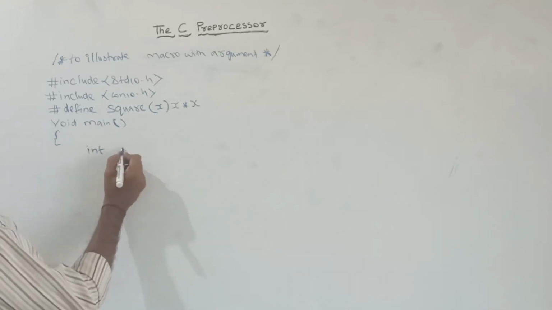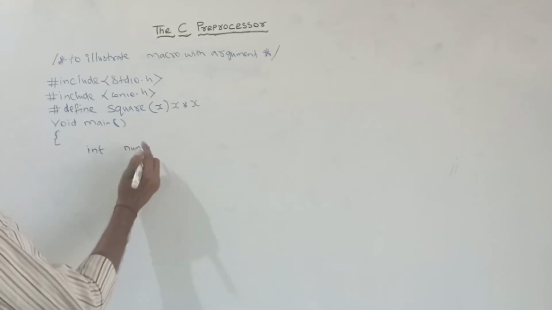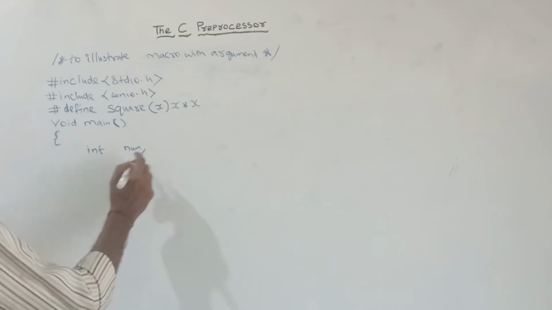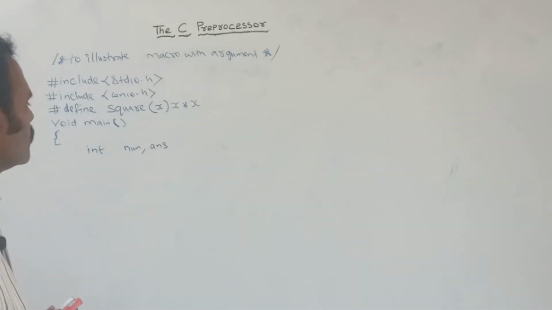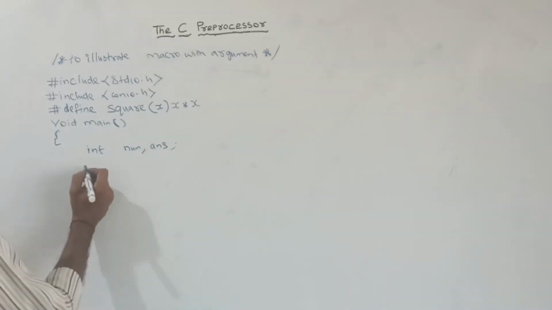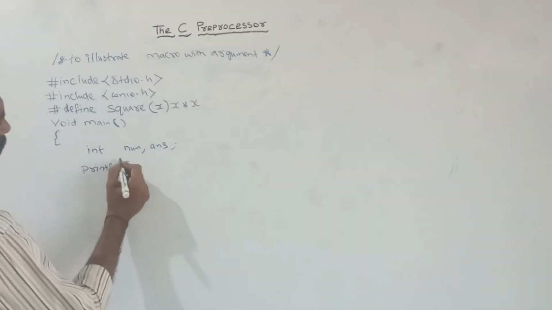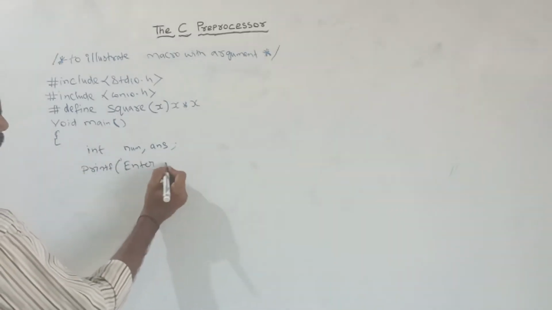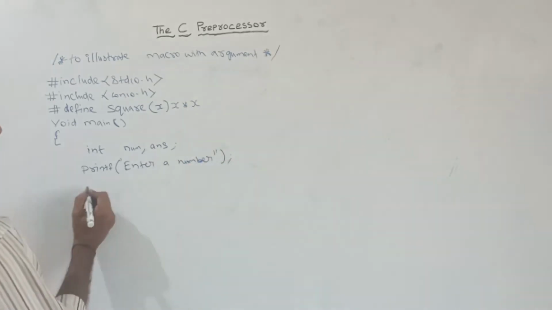Next here num, for getting the number I am declaring the variable as num. Next answer, this variable is used to get the result. Next here printf, enter a number.